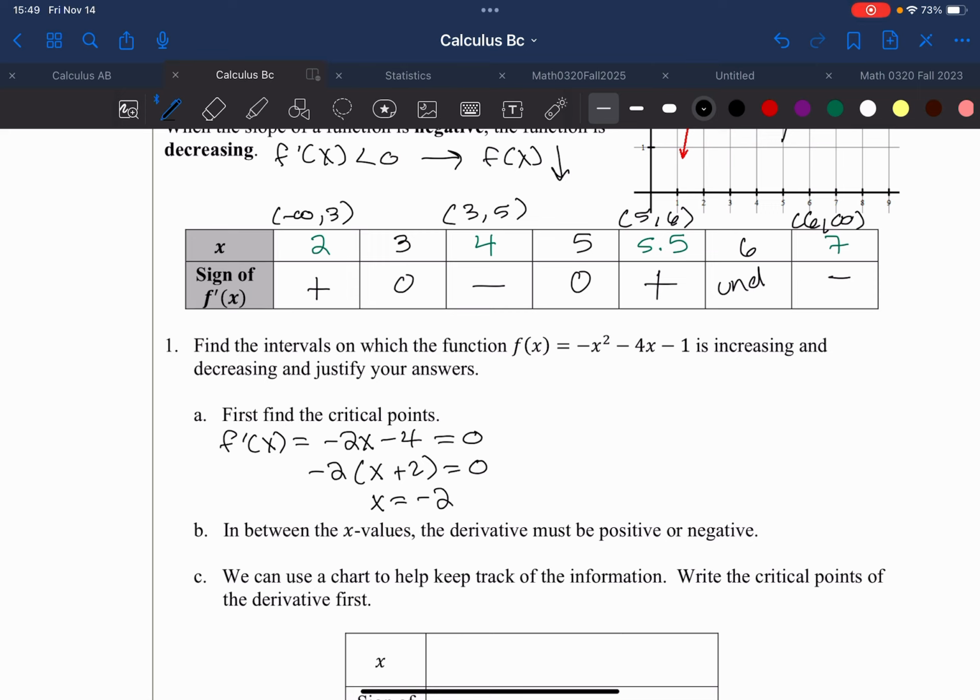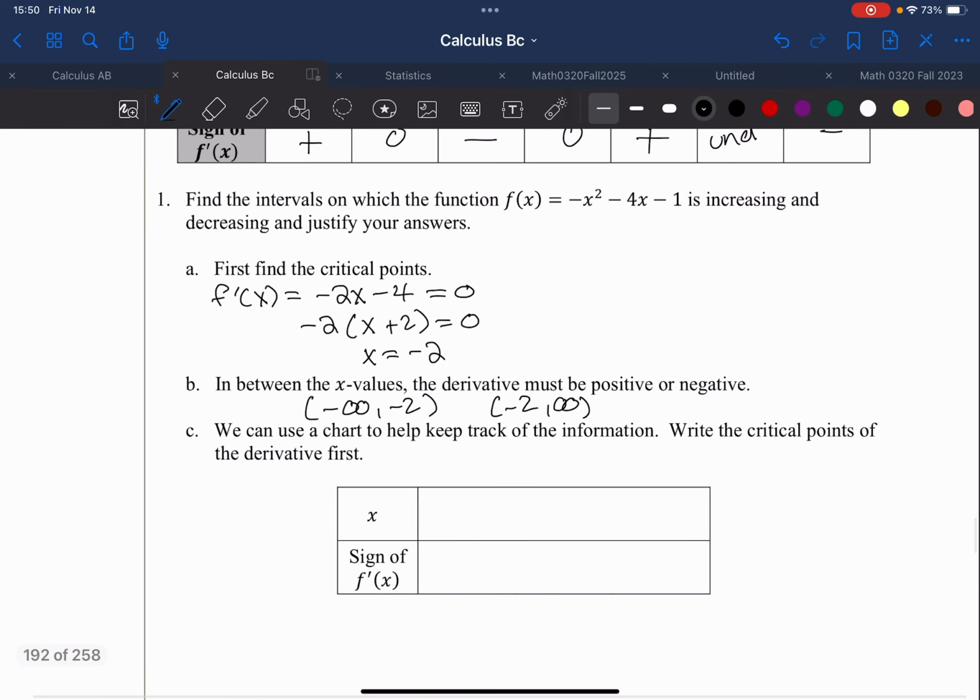Then it says, in between the x values, the derivative must be positive or negative. So in other words, we're looking at our intervals. Since I only have one critical point, I'm going to have the interval before that critical point, negative infinity to negative 2, and the interval after that critical point, negative 2 to infinity.